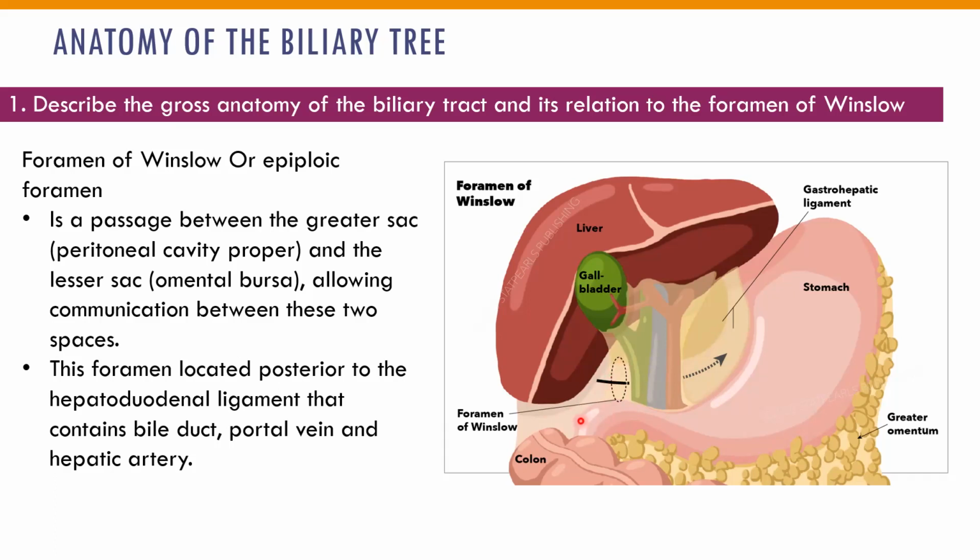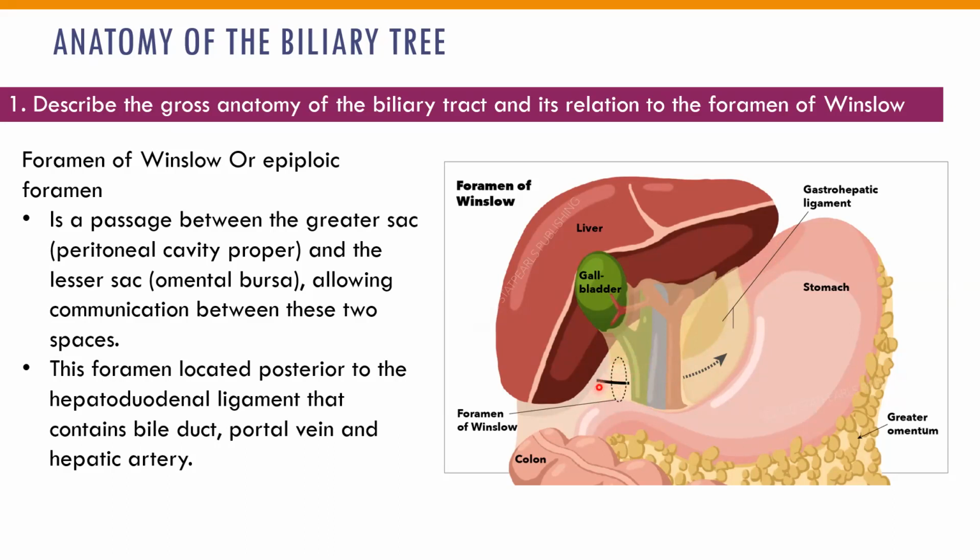Okay, this foramen is located posterior to the hepatoduodenal ligament. Remember I taught about the hepatoduodenal ligament. It is the edge of the hepatogastric ligament of the lesser omentum, and it contains the bile duct, the portal vein, and the hepatic artery.